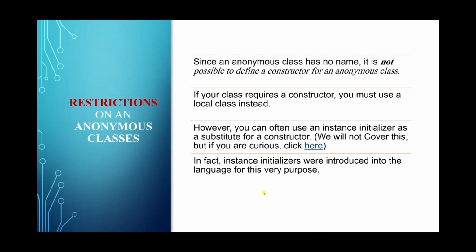Because they're only going to be used in the place where you define them. So if your class requires a constructor, you must use a local class instead, not an anonymous class, because you cannot construct an object of a class without the name of that class.